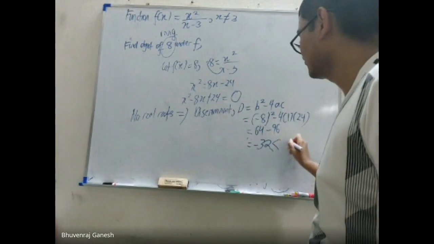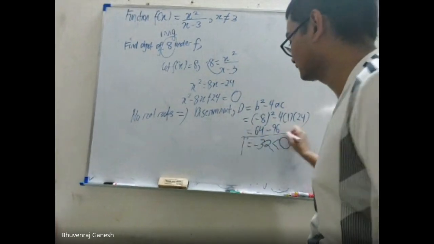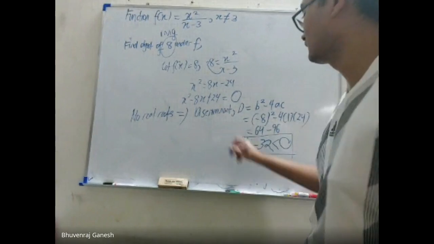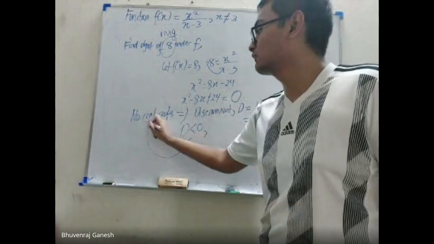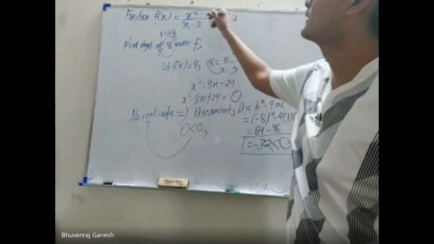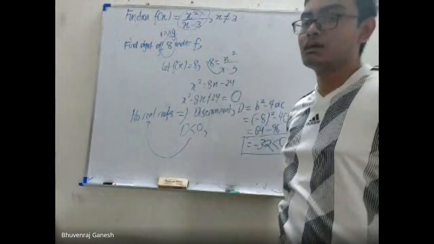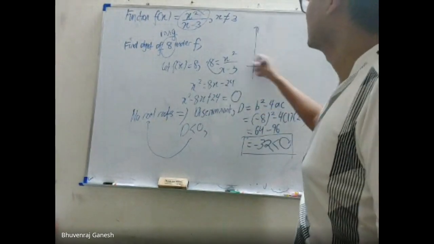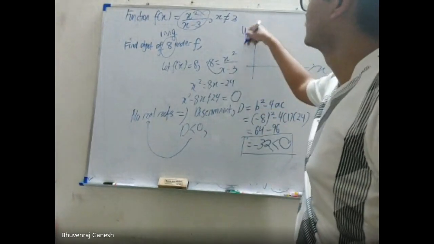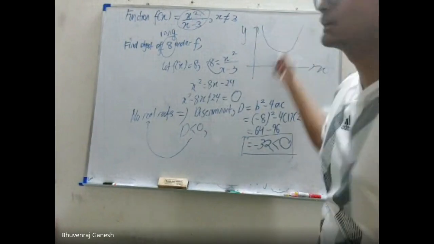So you know negative 32 is less than 0, and the knowledge from that chapter tells you that if your discriminant is less than 0, your function has no real roots. So that's why I'm telling you that a quadratic function is quite tough to get an inverse function, because you will never touch the x-axis over here. You will be hanging somewhere on top here like this.